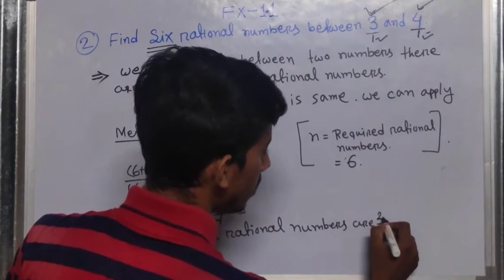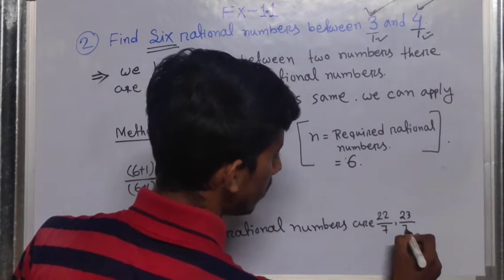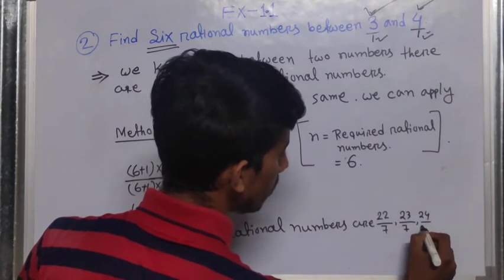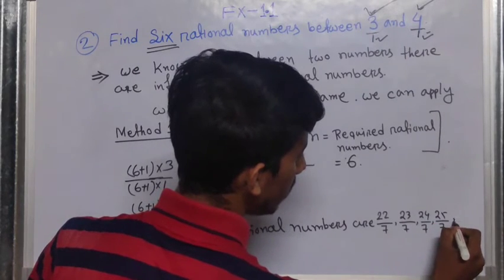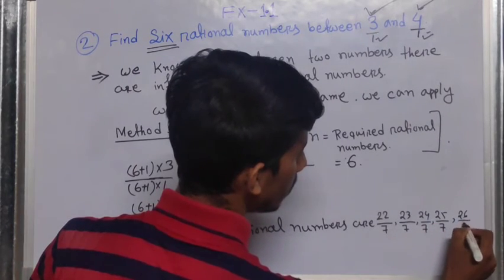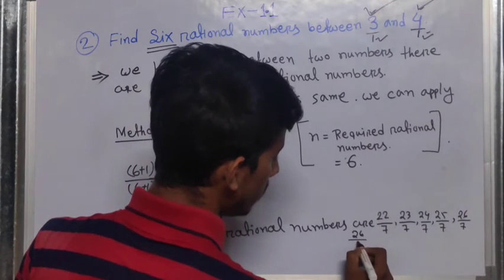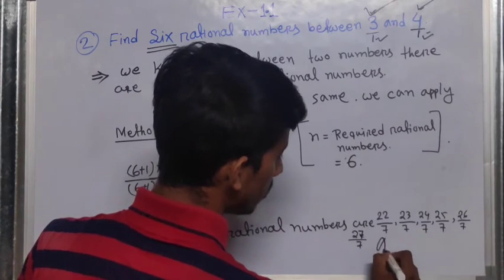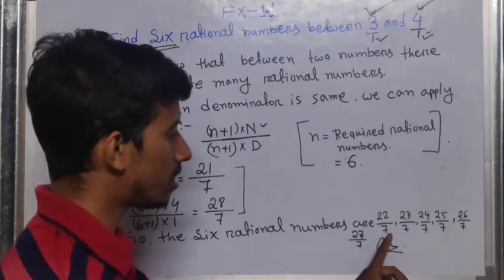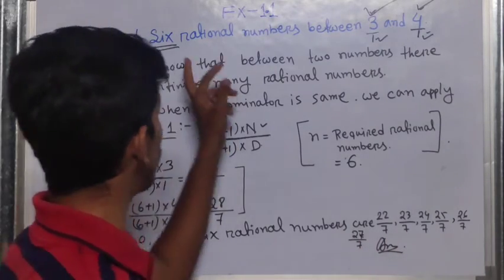After that 22 by 7, and then 23 by 7, 24 by 7, 25 by 7, 26 by 7, and at last 27 by 7. So this is the answer. How many rational numbers are there? 1, 2, 3, 4, 5, 6. So these are the required rational numbers.